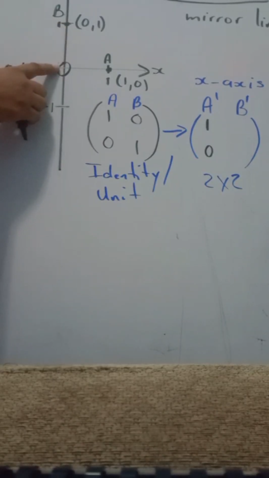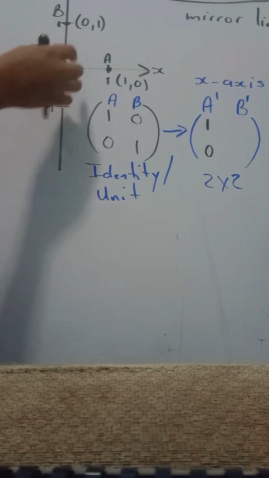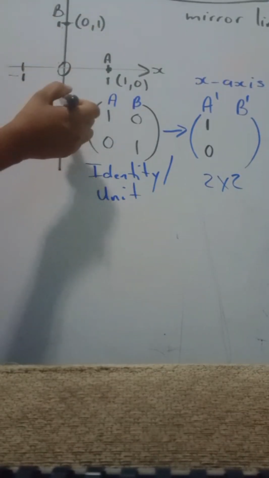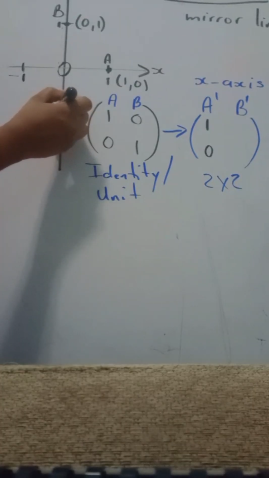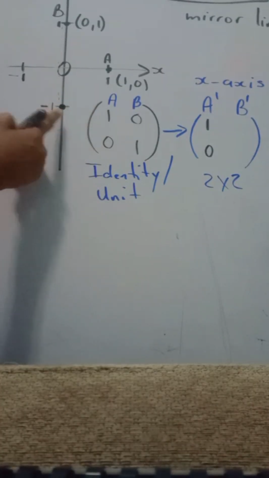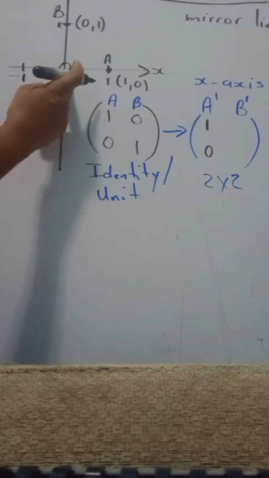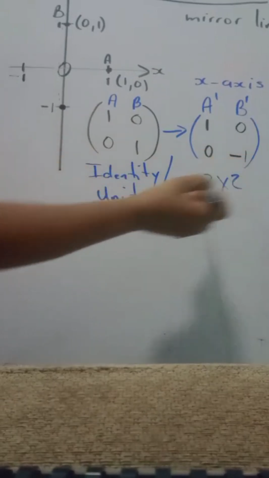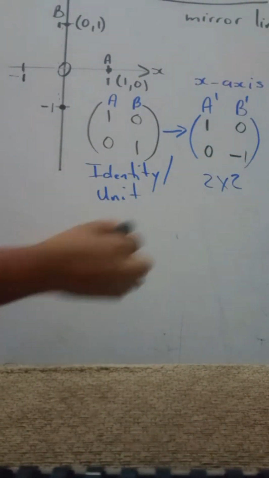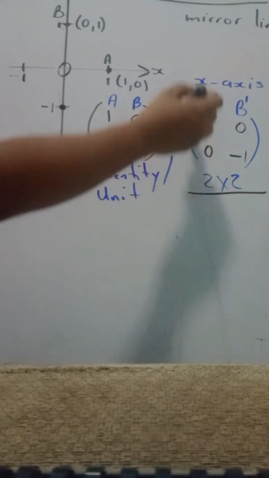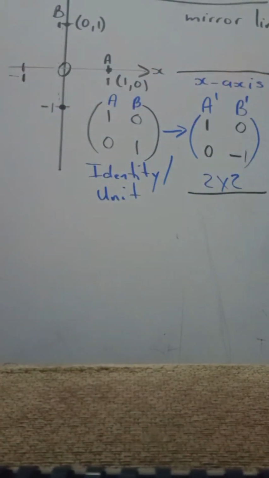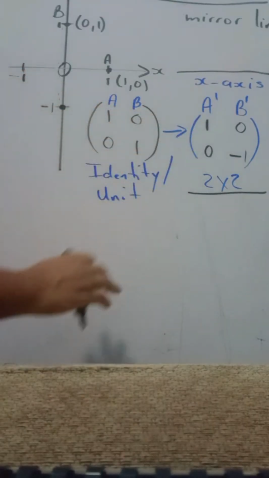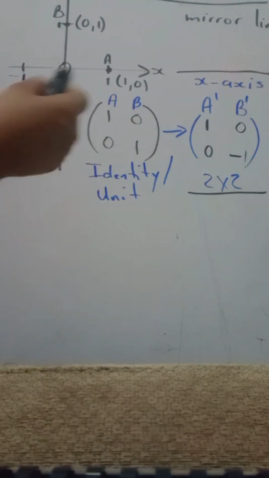It must be flipped across the mirror in the opposite direction. So that means if it's 1 unit above, it would go 1 unit below, which means that B prime would be at this location here, representing a coordinate, x reading first, that's 0, y reading second, that's -1. What does that mean for all of us? It means that this matrix that I've just created is the matrix that I'll use for a reflection in the x-axis given any point or any object.